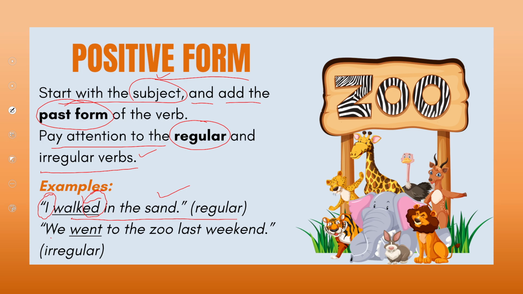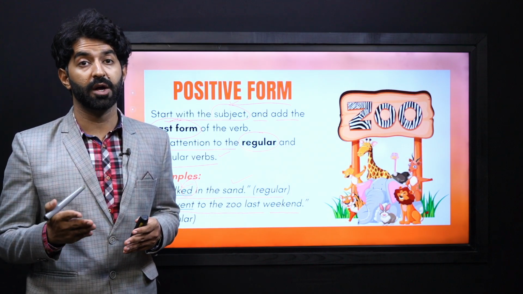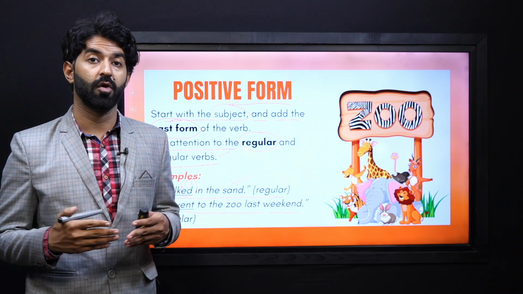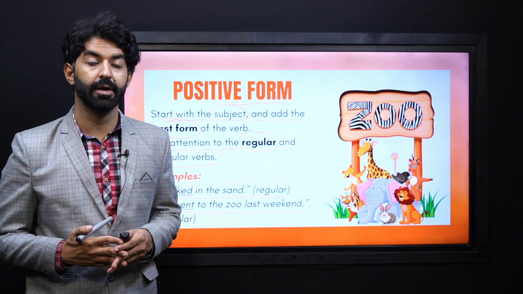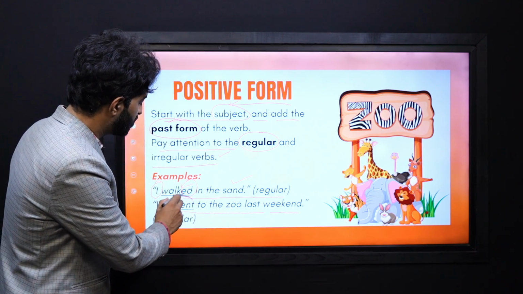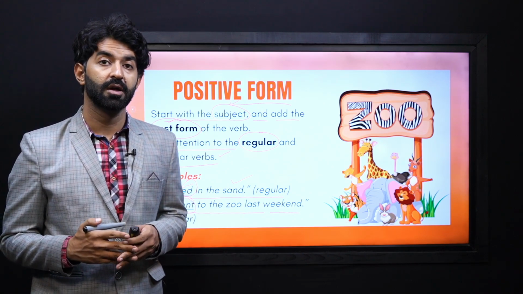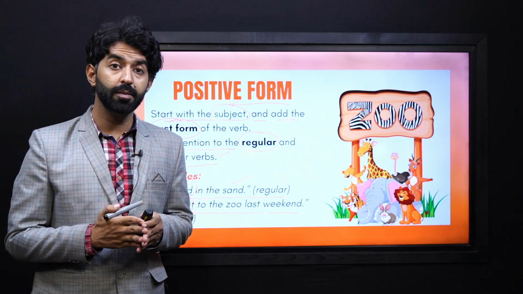For example, we went to the zoo last weekend. So again, this is positive. We used subject first, then the past form of the verb, followed by the information that we are giving. Again, you can see that this verb is not regular, rather it's irregular, because the verb is actually go.